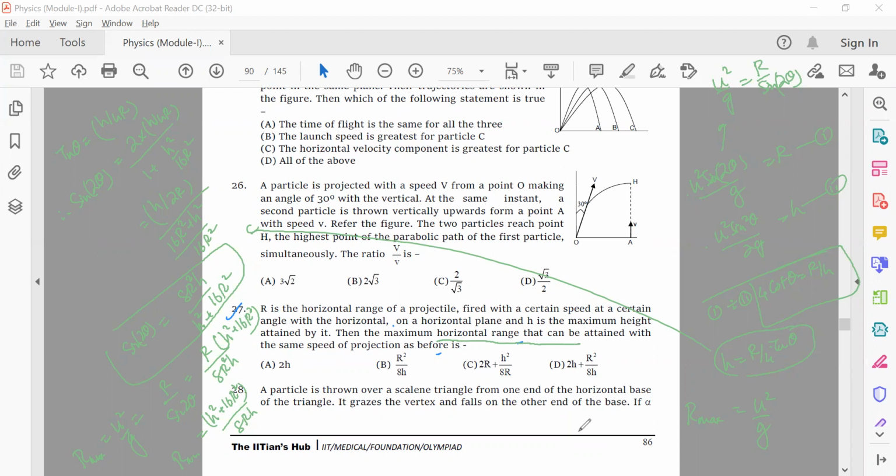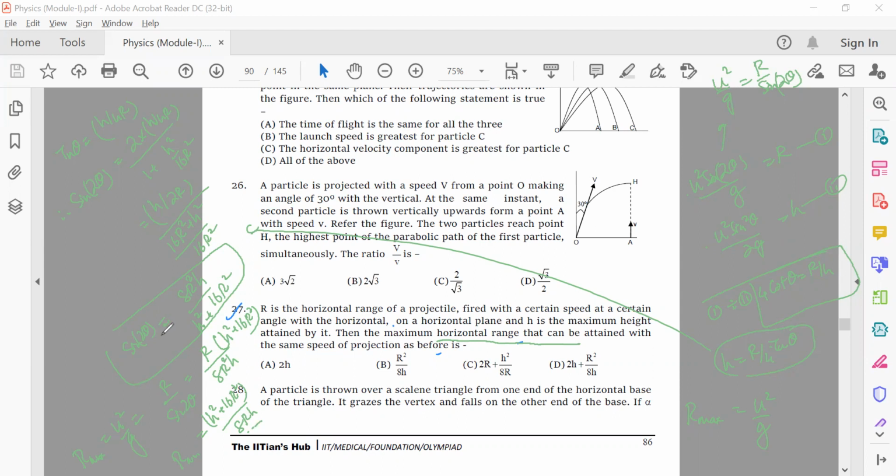So it should be 8 RH, right? 8 RH in the denominator, na? Yeah. Yes, so sine 2 theta is 8 RH, not 8 R square.